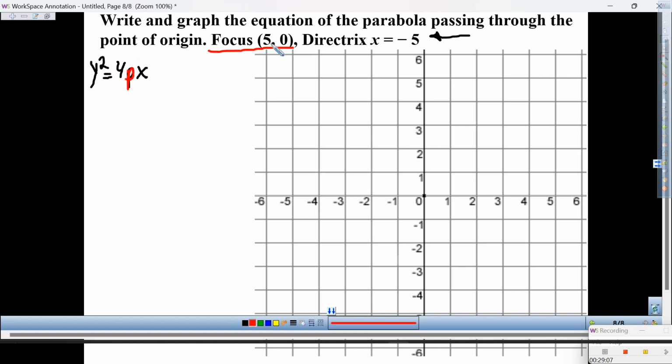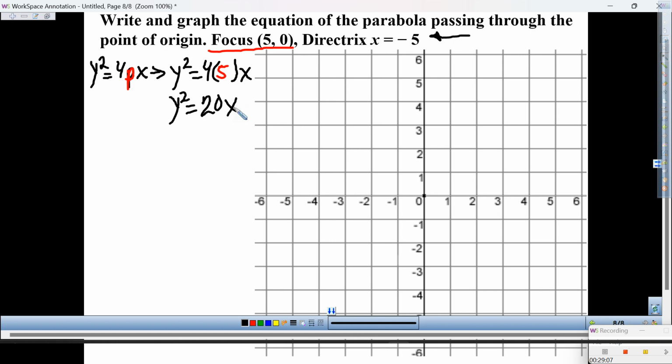So instead of p, we're going to substitute the 5. So we get y squared equals 4 times x, and we substitute in the 5. So our new equation is y squared equals 20x. Hands, have you got that?